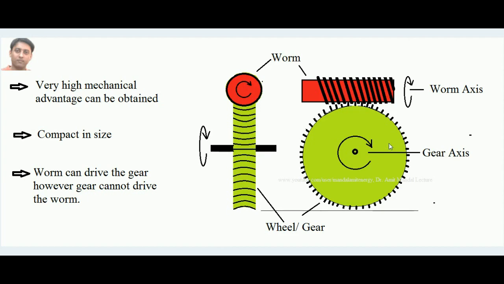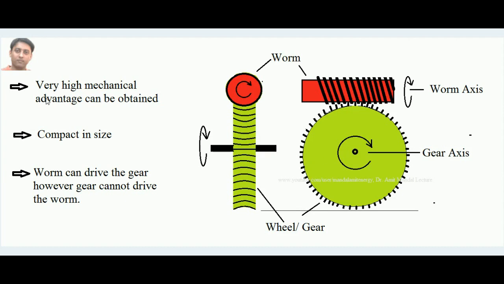This is the side view of the system. You can see this is the gear and this is the worm. The worm is like the bolt, and the periphery of the gear is composed of threads. So strictly speaking, this worm gear mechanism is not actually a gear, but a sort of nut bolt arrangement in a different way.